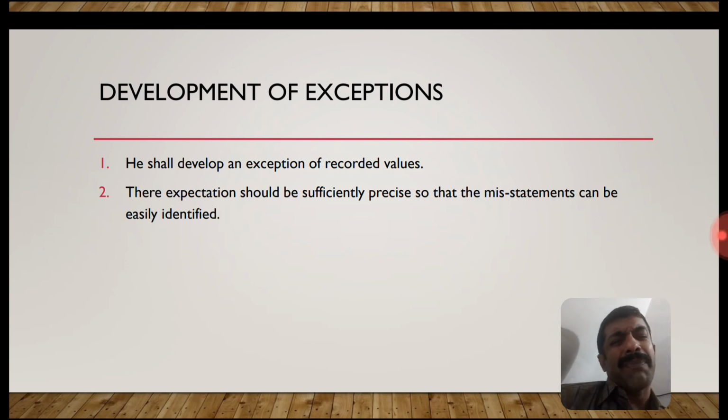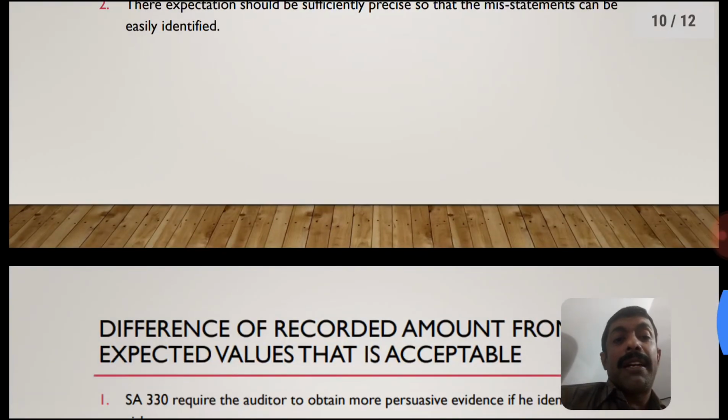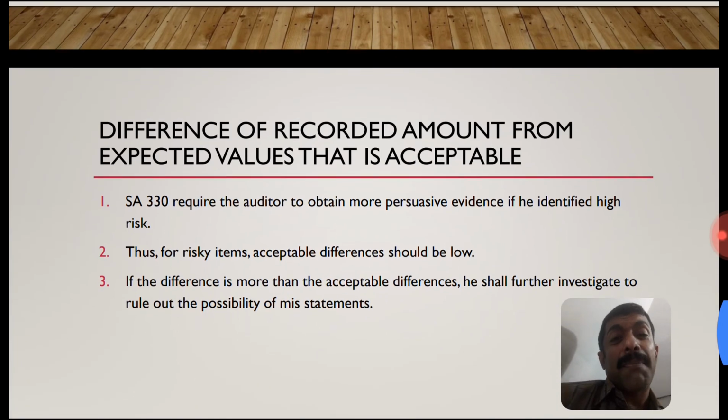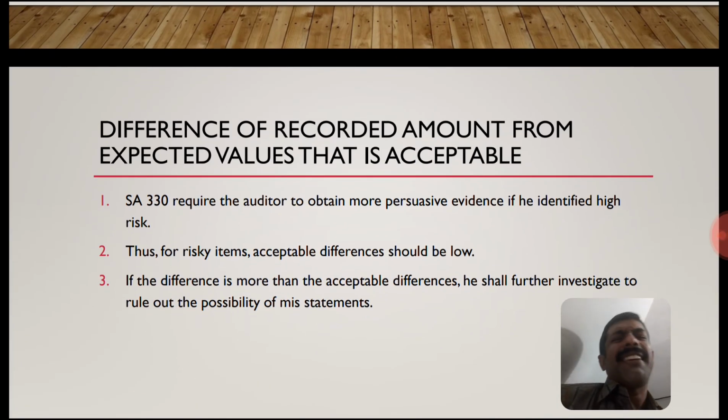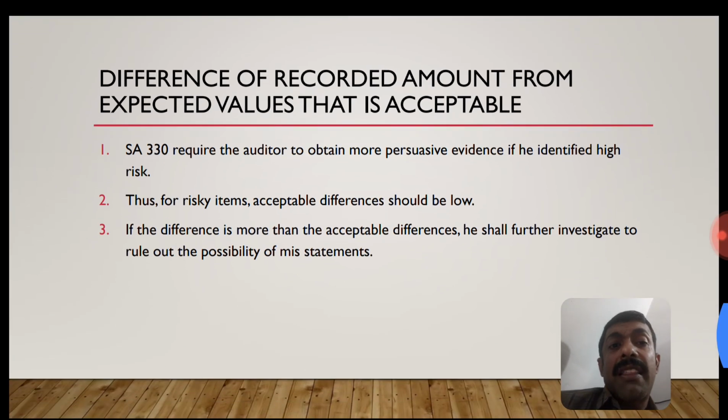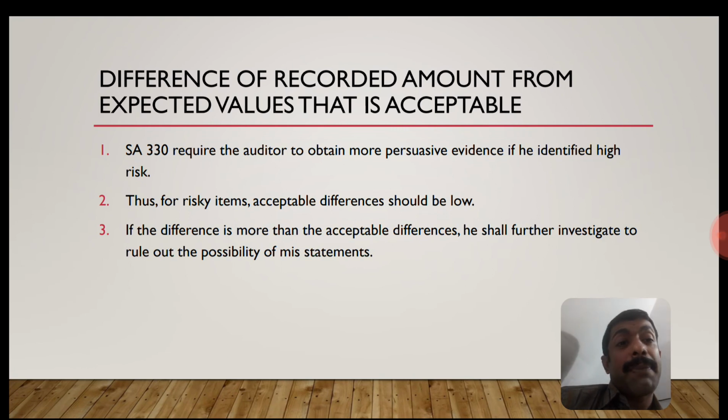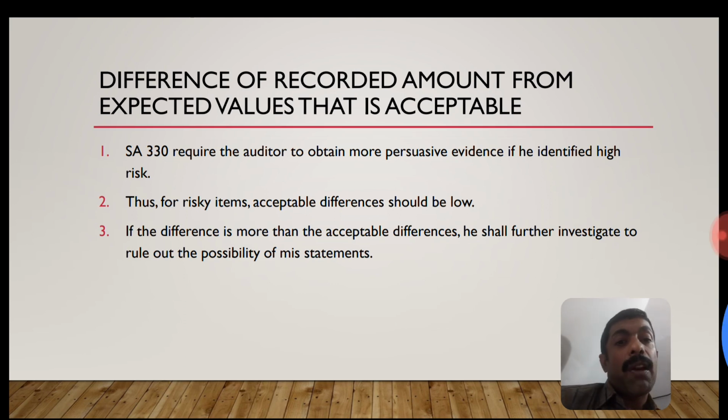Those exceptions will lead to a hint of the risk of material misstatement. If the risk of material misstatement is high, the auditor is required to obtain more persuasive evidence as per SA 330. For risky items, the acceptable difference should be low. For higher ROMM cases, the acceptance level of difference should be kept at a low level.